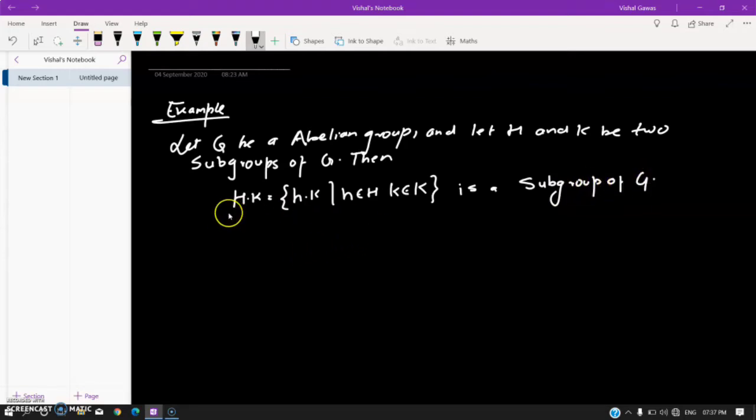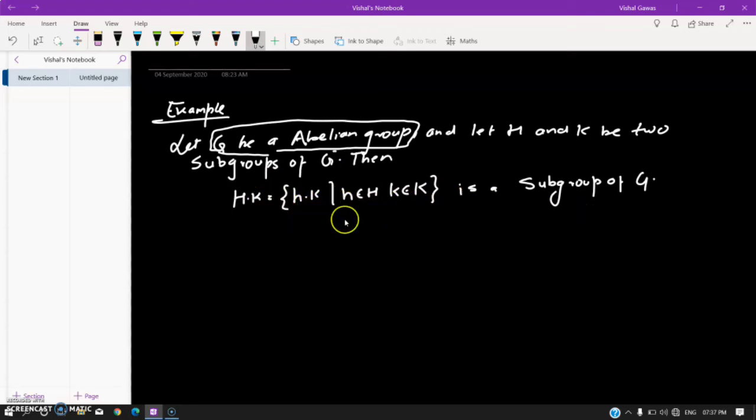Now you need to be careful about the property. It's given that G is abelian, so you need to be careful. If this information is not there, that means G is any group, then HK need not be a subgroup. Be careful, this is not true in general.